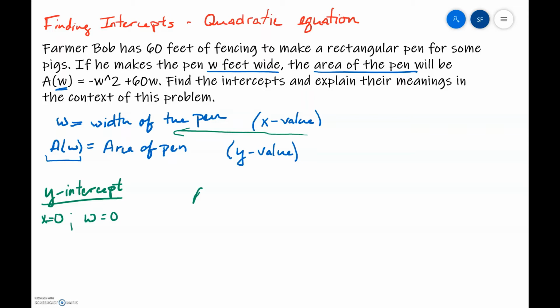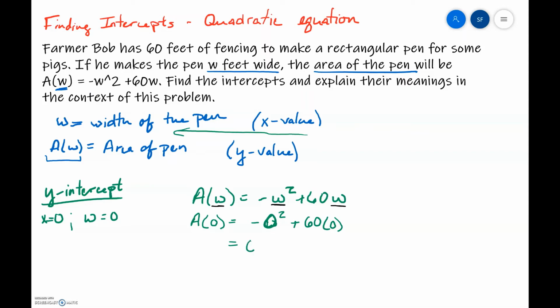So here's our equation, A of W equals negative W squared plus 60W. Since we're setting the w's equal to 0, anywhere that you see a w, you're going to plug in a 0. So in this case, our A of 0 is going to be negative 0 squared plus 60 times 0. When I simplify that down, I get 0.